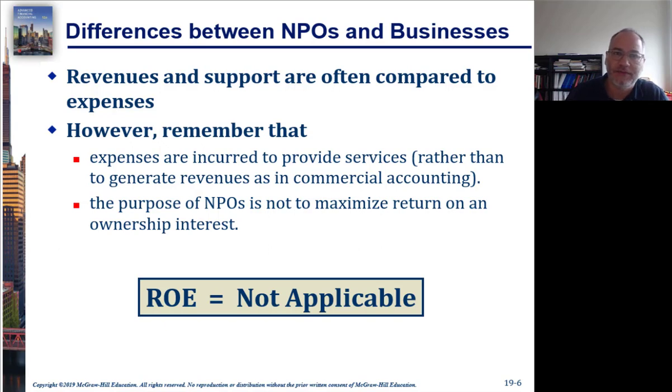So, for example, one not-for-profit organization that I did a lot of work with when I worked at Deloitte & Touche was, believe it or not, they don't call them orphanages anymore, a child care agency.